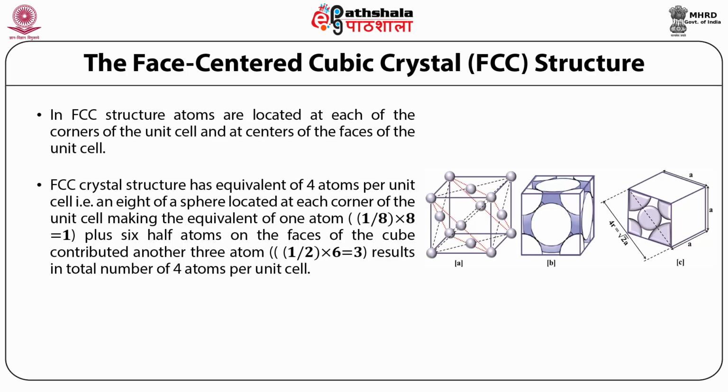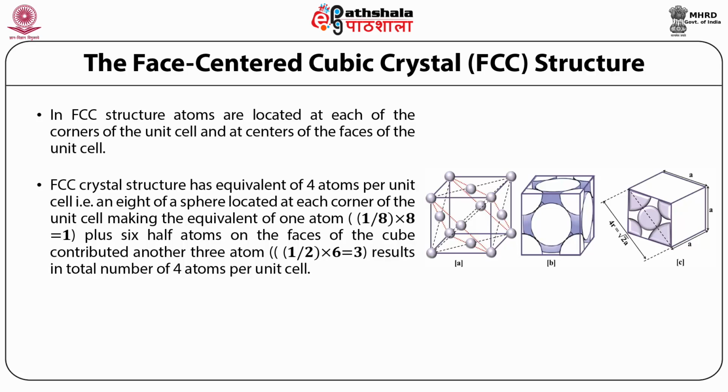In the FCC unit cell, face-centered and corner atoms contact each other across the cubic face diagonal, as evident from figure C. Hence, in the FCC unit cell, the length of the cube edge a and atomic radius R are related through the following equation. That is, a is equal to 4R by root 2.